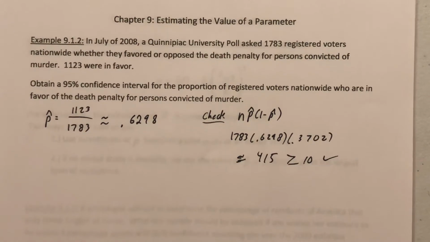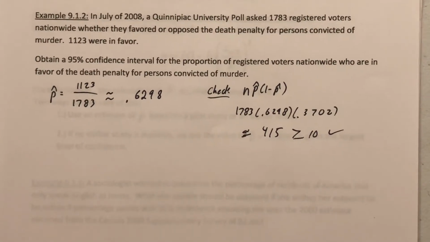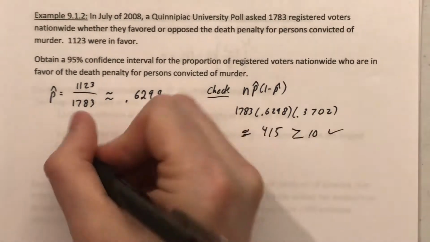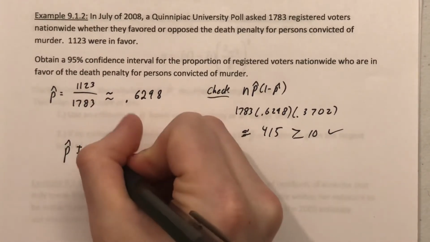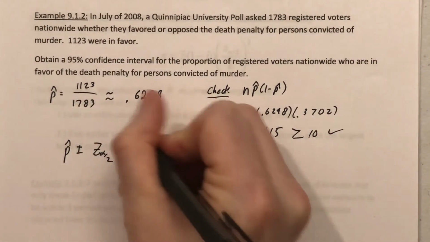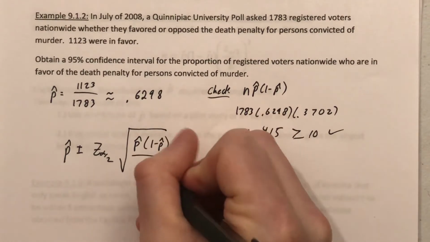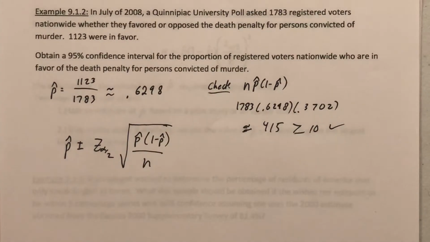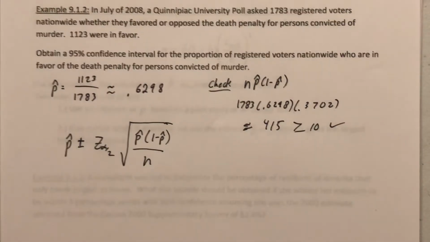So now that we've got that, let's create the interval. Remember, I'm going to write it in that plus or minus form I mentioned: p hat plus or minus z alpha over 2 times that basically standard deviation formula. There's our formula for the upper and lower bound worked into the plus and minus form.